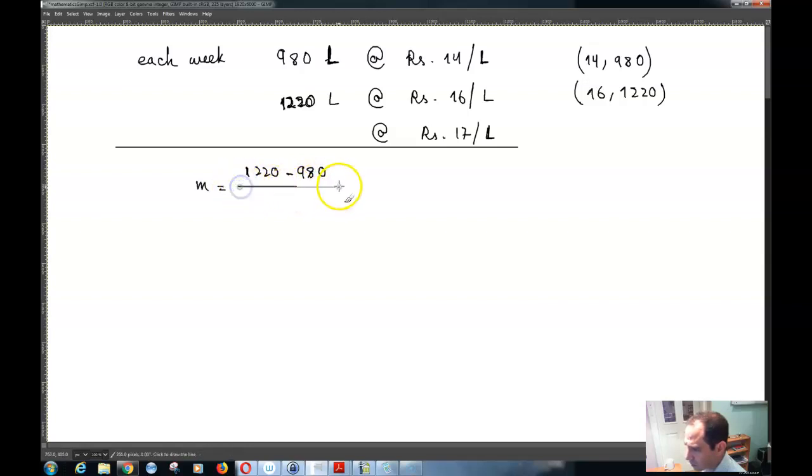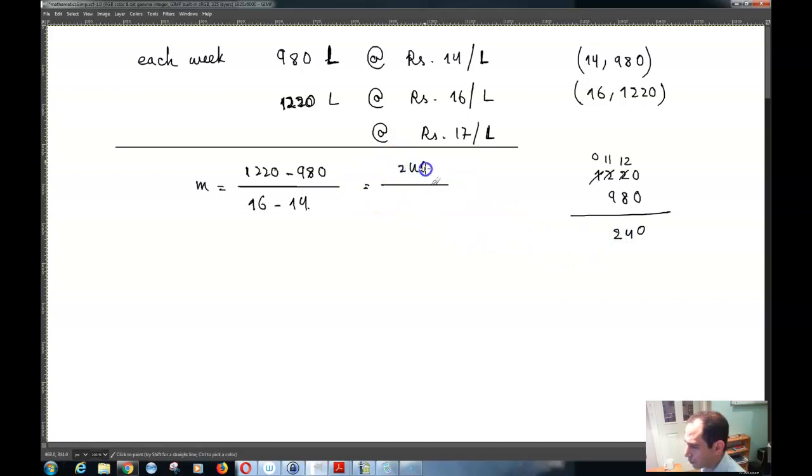16 minus 14, so 1220 minus 980 is equal to 240.